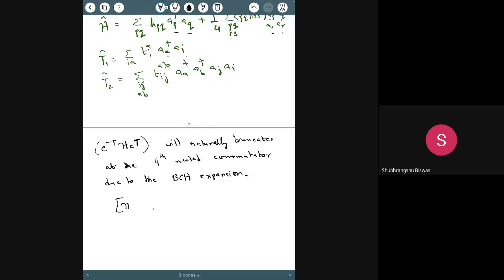So which term is that? HT, T, T, T. So that is the last one that you can have. And that is basically the one where the H is two body and these are T1s.